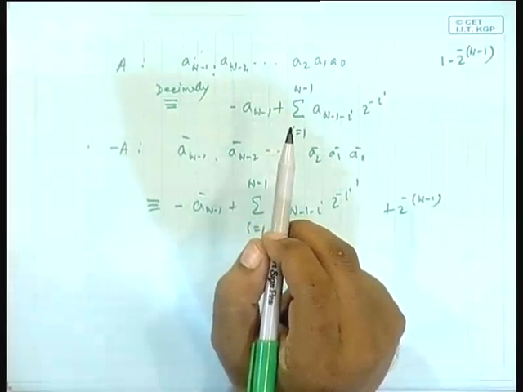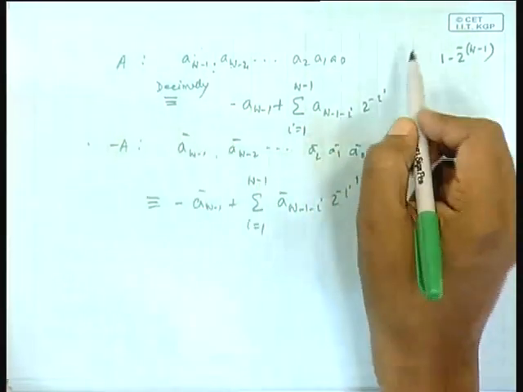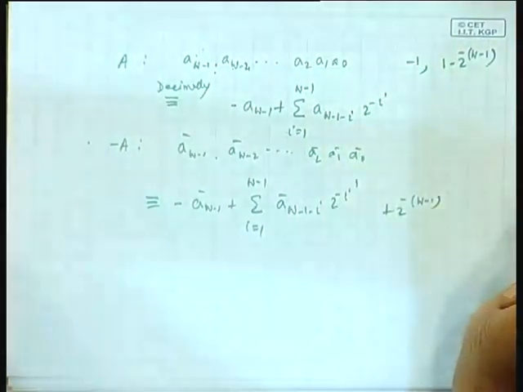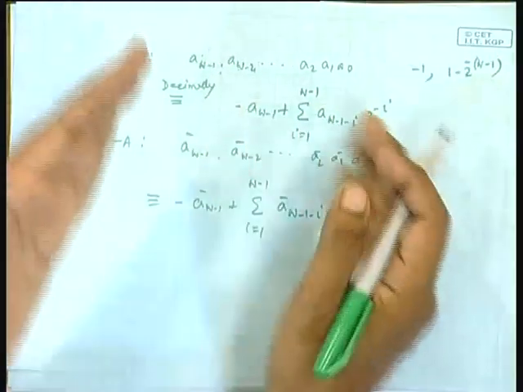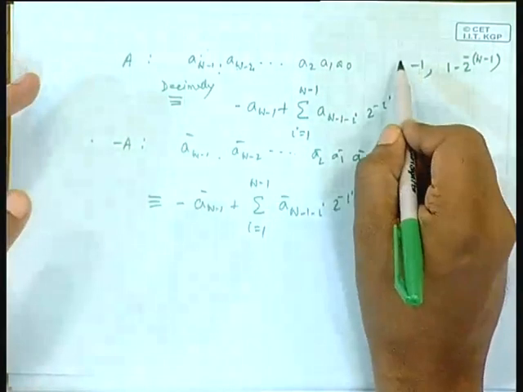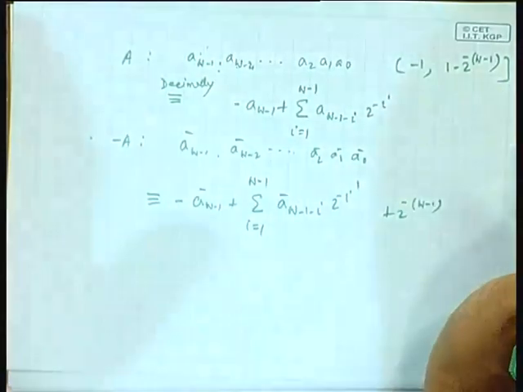The minimum number is 1.0000, that is minus 1. This is the range, and if this range is crossed, there will be overflow.